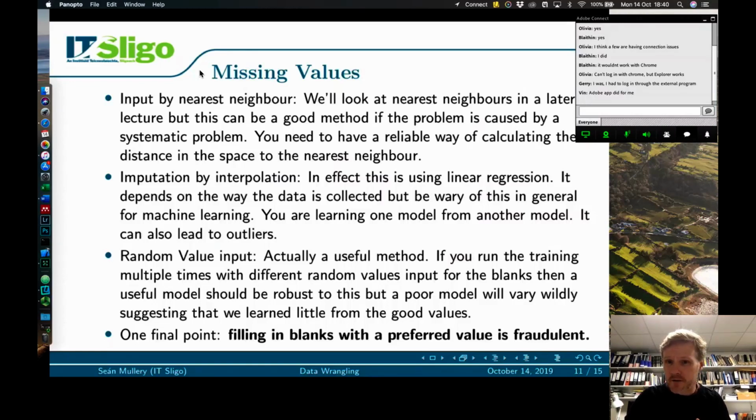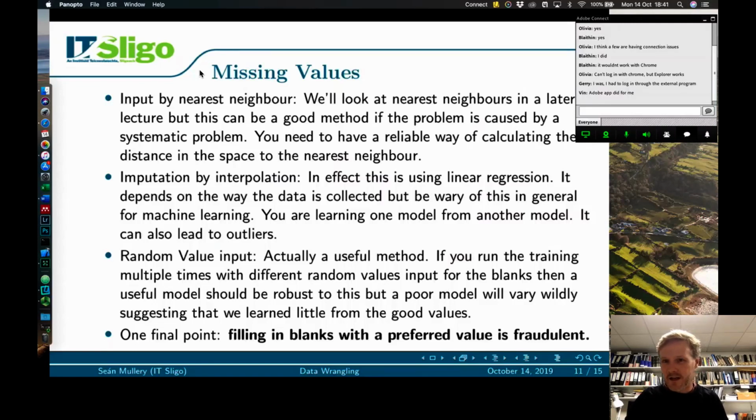You could use just a random value input, and this may seem a little bit crazy, but actually it's a very useful method indeed. The idea here is that you put in random values with a certain variance that fits in with the data set. If you run the training multiple times with different random values, filling in those blanks with random data should not have a major effect on the model if you fill them in differently each time.